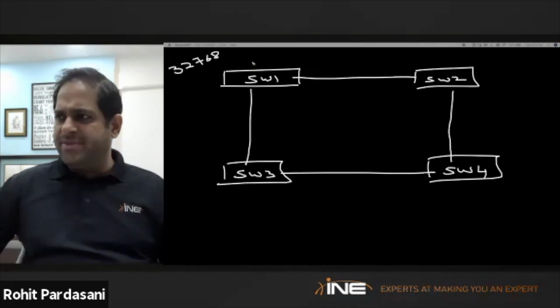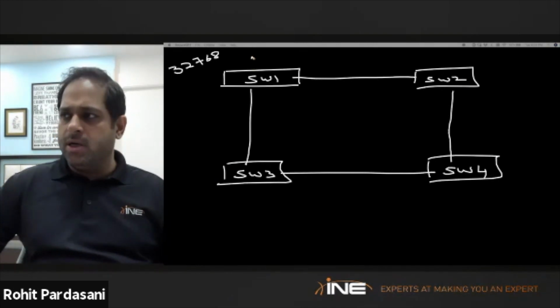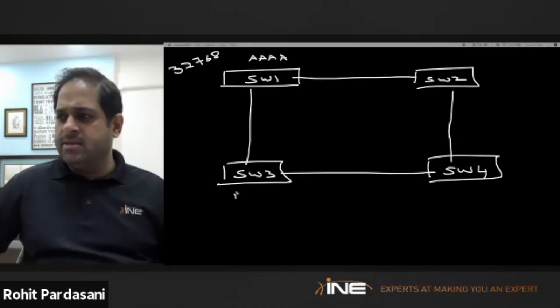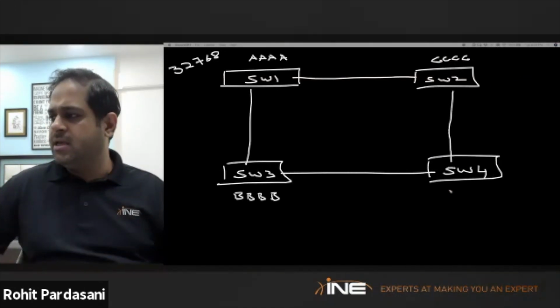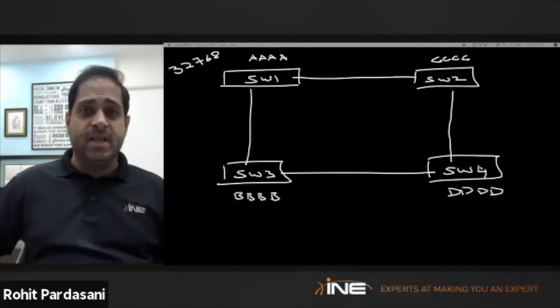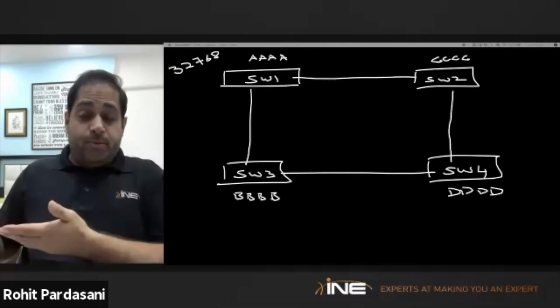And let's assume that the MAC address of switch 1 is A. This is B, this is C, this is D. Okay? So obviously there's going to be a loop, right?